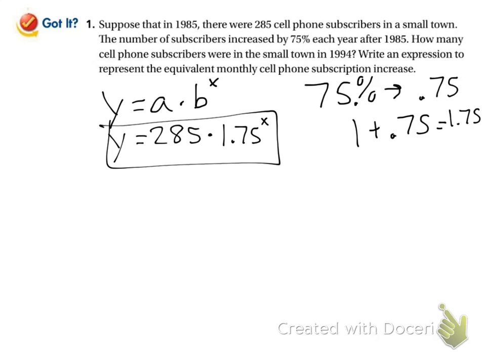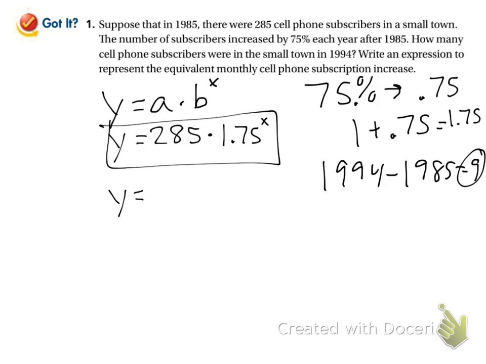What I need to do is see how many years after was that. So you can either count it out, saying 1985 was year 0, so then 1986 is year 1, 1987 is year 2, that sort of thing. Or you can do 1994 minus 1985, which gives us 9. So it's year 9, and that's what I need to plug in.